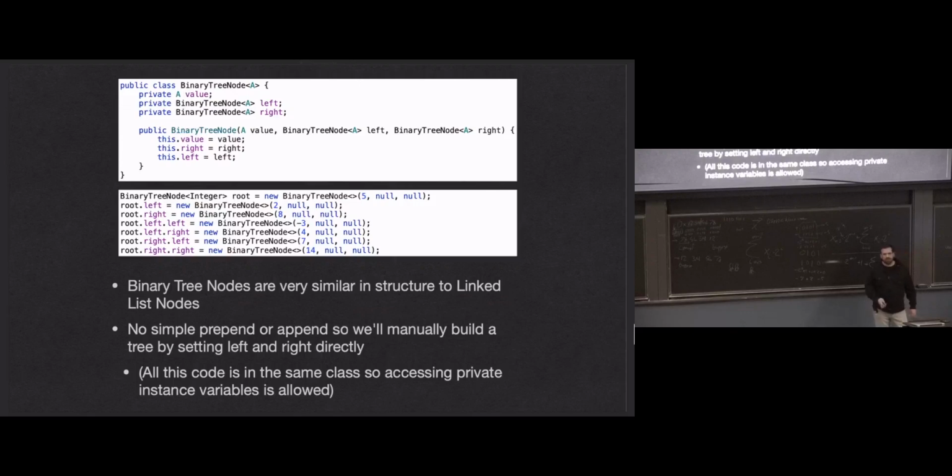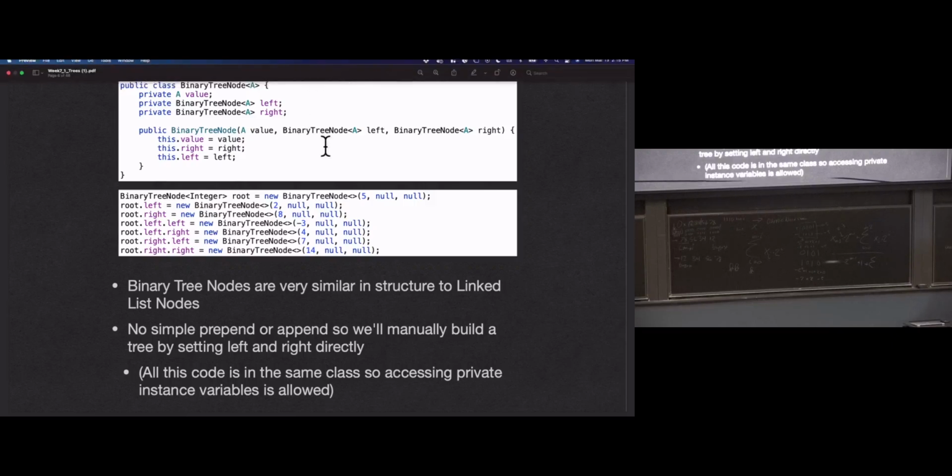And here it is in code. So our binary tree node looks just like the linked list node, except we have two references to other binary tree nodes. And it also has its value. We have our generic type A, a constructor, which just sets the instance variables equal to the parameters of the constructor.